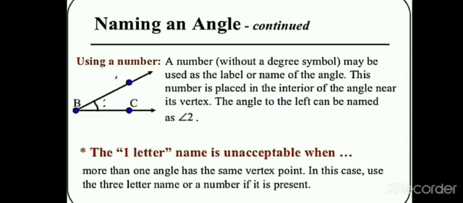Let us take the angle ABC. When we represent an angle using a number, we write the number inside the angle near the vertex. For example, here they have given angle 2, written inside the angle. Angle 2 represents the direction of the two rays.